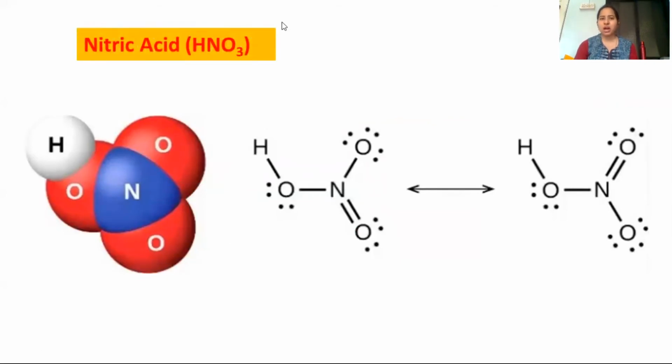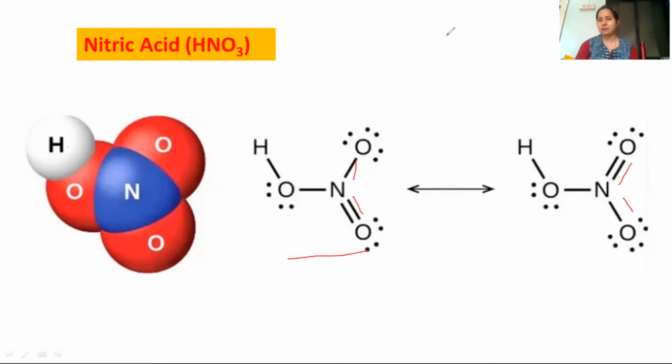You can see the structure, how it is actually. We say it's H, O, N, and then O. And because we have HONO, we say it shows you resonance structure. Why? We can see here, the first one, you have single bond here and double bond here. And here you have double bond here and single bond here.